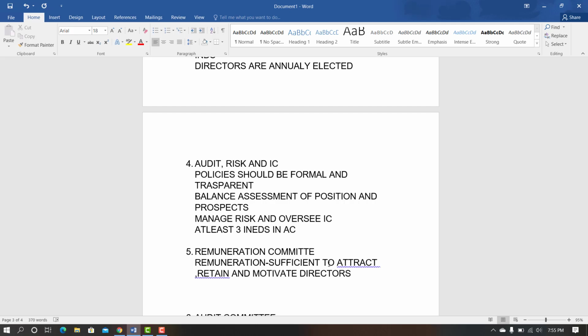Second point is remuneration to support strategy. A significant portion of executive remuneration should be structured so as to link reward to corporate and individual performance.